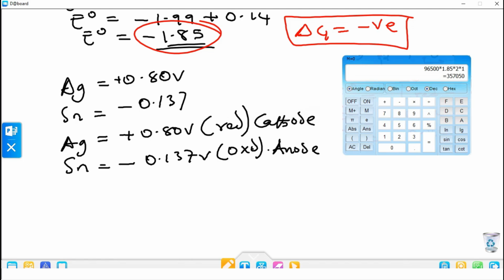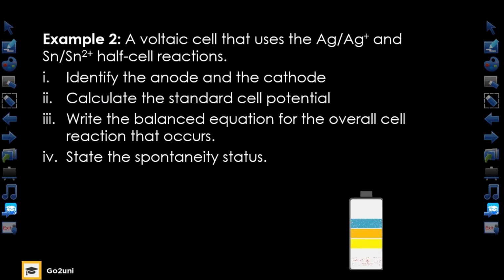So that is actually what we've talked about. This is between tin and silver. So we have talked about the first one. We've identified anode and cathode.